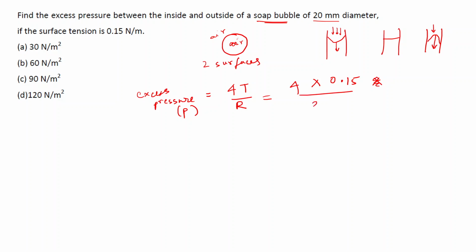Radius is 20 mm. Oh sorry, this is diameter. So diameter is 20 mm, that means radius is 10 mm, and converting into meter, it will be 10 times 10 to the power minus 3 meter.